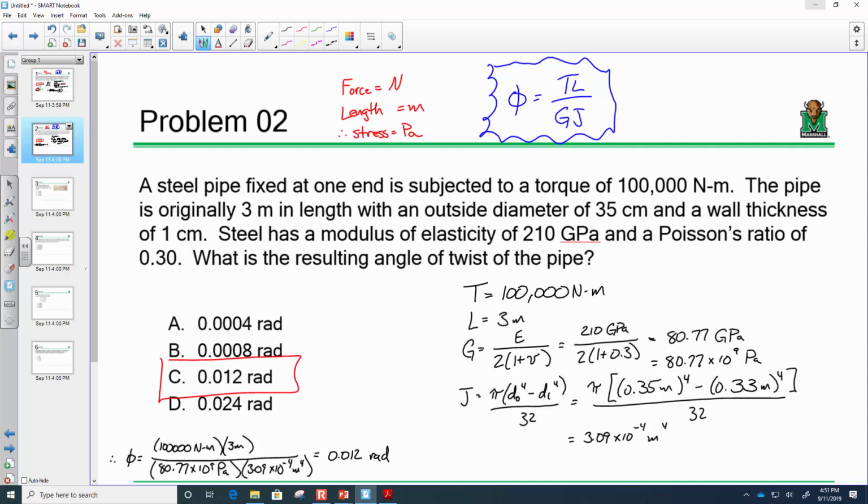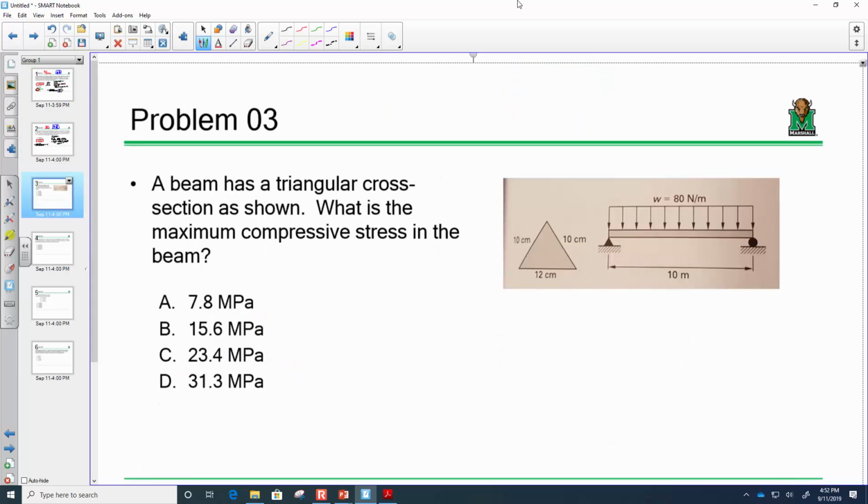Now, when I teach mechanics of materials, we spend a vast amount of time in the course covering what I call the big four stress formulas. The first one is the axial stress formula, which is just sigma equals P over A. And from that, you can get delta equals PL over EA and stuff like that. The second is torsion.